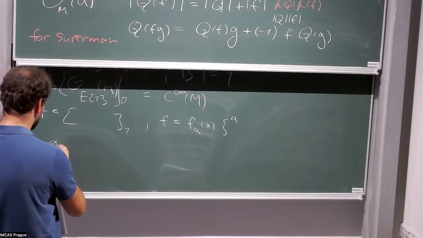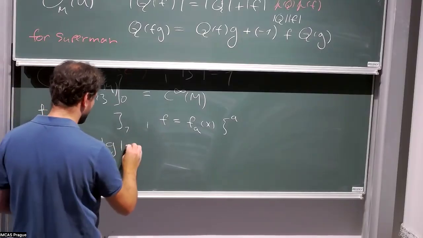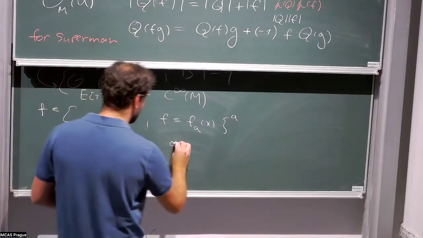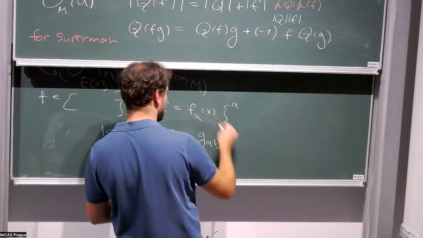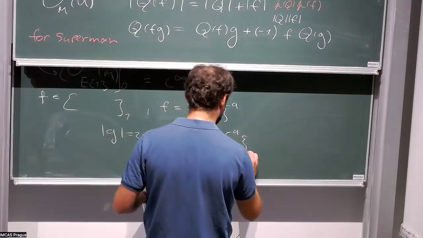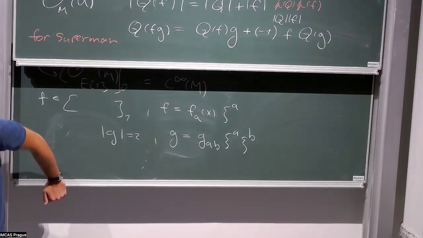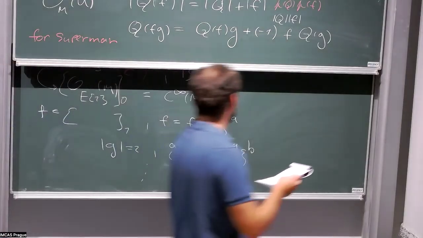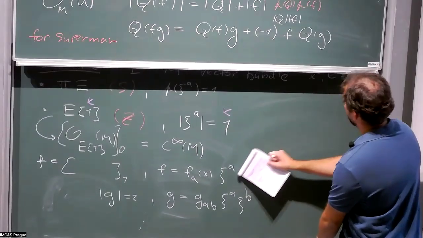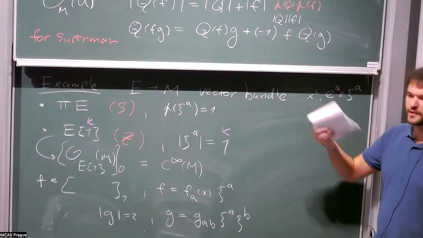Okay, and if you have a g of degree 2, I'm going to simplify the notation, sorry about that. Then g is, again, a C infinity M linear combination that looks like this. Then you see how it progresses. So very simple shape of these functions. But if you look at where these guys came from, they came from a dual of some frame. The frame of the dual, in other words.